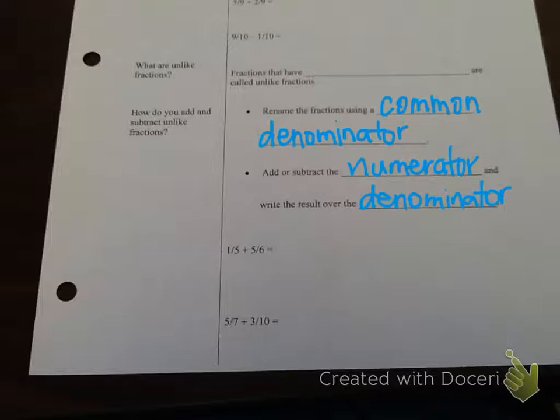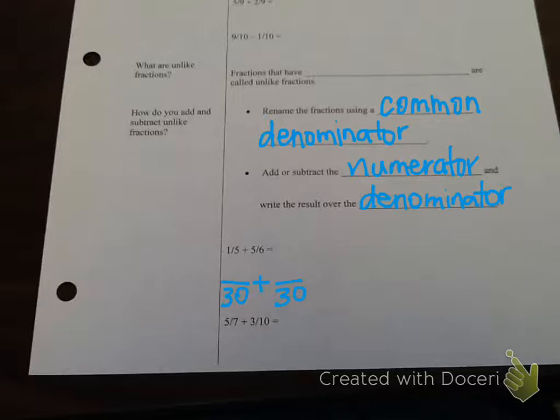So, for example, if we have 1/5 plus 5/6, we're going to find a common denominator, which in this case we can use 30. Because 5 and 6 multiplied together make 30.